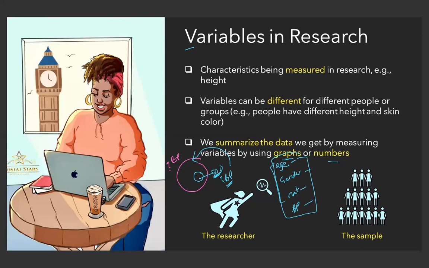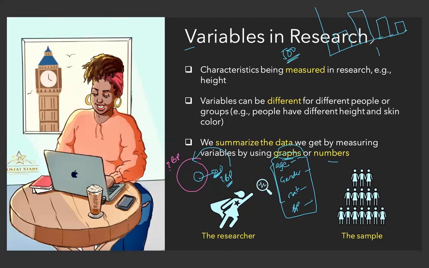For example, if I have 500 people and I show you a graph and tell you that in these 500 people, this much were Qataris, this much were Lebanese, this much were Americans, this much were British, then even though there's a lot of data here, this graph summarizes it.